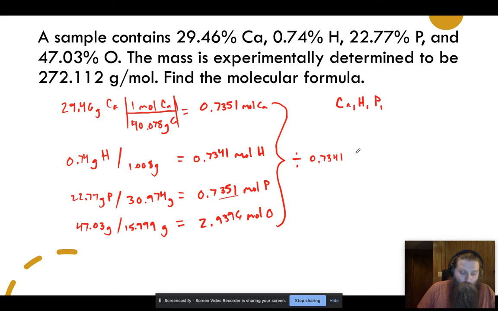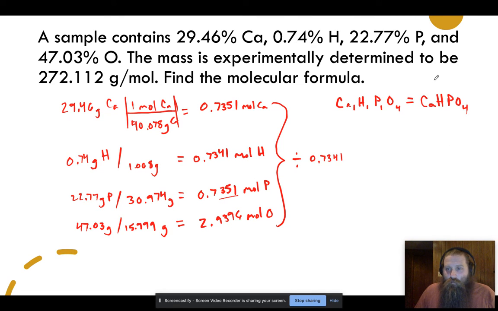And our last number, 2.9396 divided by 0.7341, gives us about 4. All right, there we go. So there's our empirical formula, CaHPO4. CaHPO4. All right, there we go.